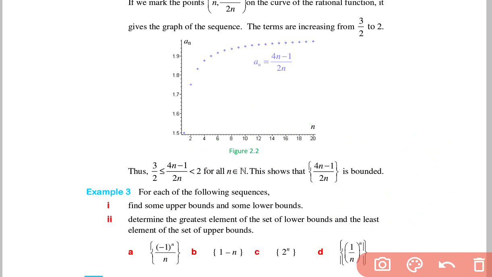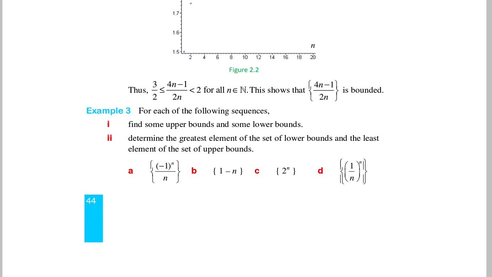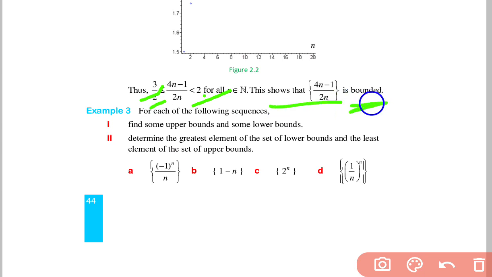But that number approaches 2, it does not include 2. Let us jump on this. It's bounded because it has what? A least upper bound and a lower bound, so the sequence is bounded.